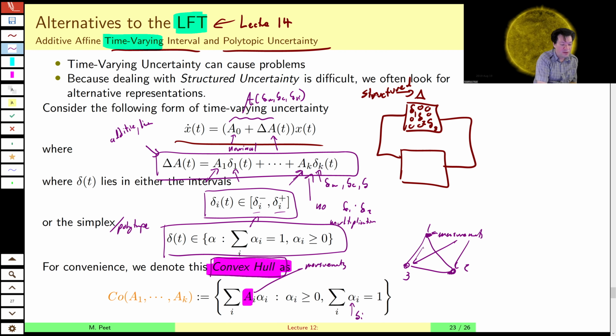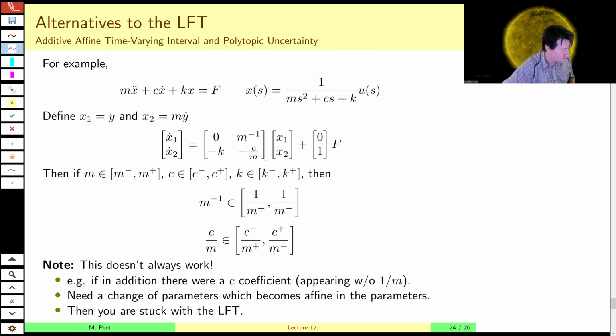So say, for example, if the airplane is flying between various operating conditions, we just constrain it to lie somewhere in the weighted average of those operating conditions. So polytopic and interval uncertainties are two special cases. And I emphasize that the representation has to be additive and it has to be linear.